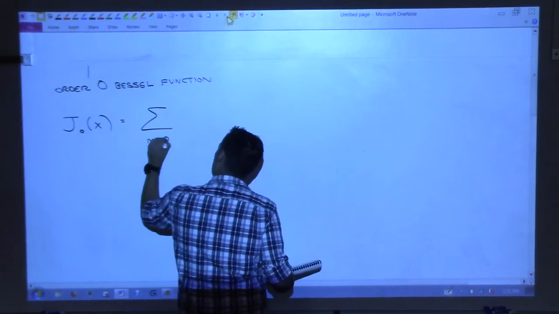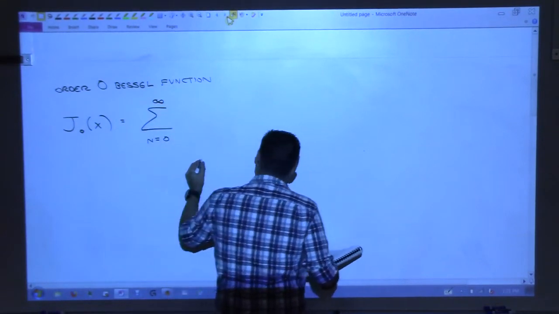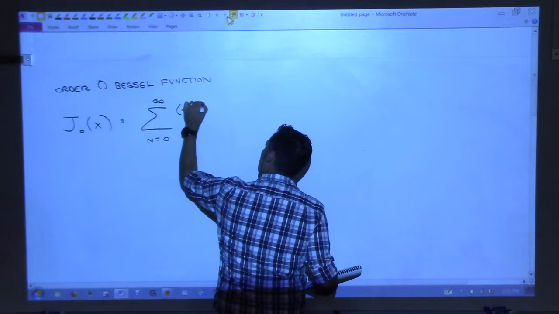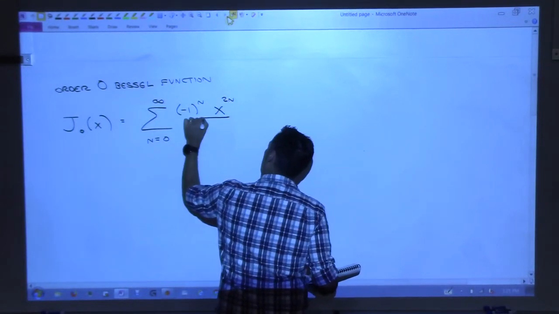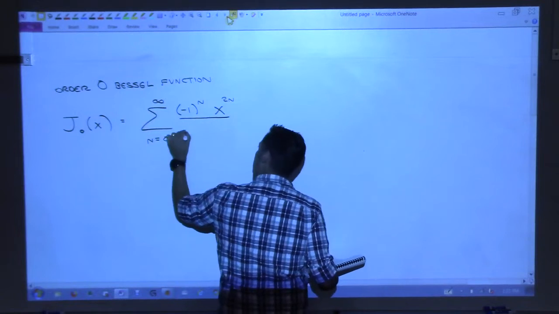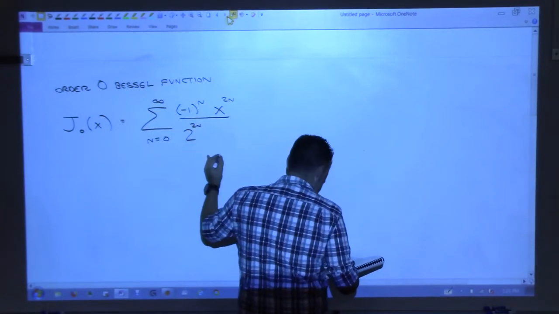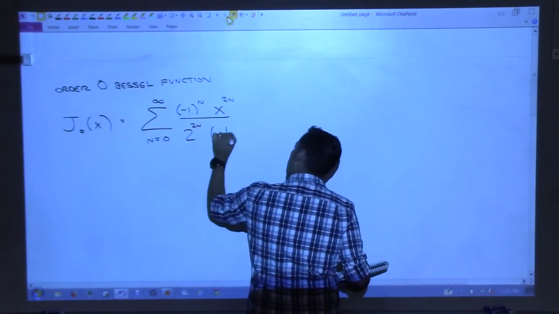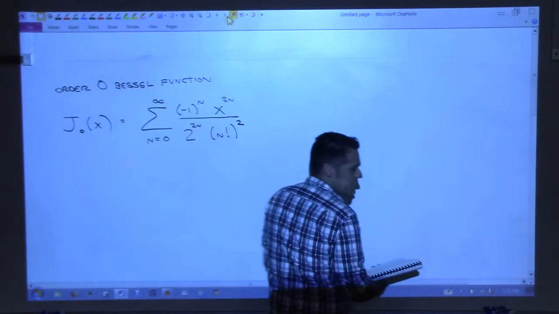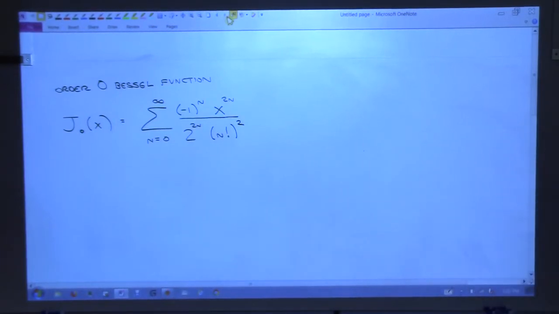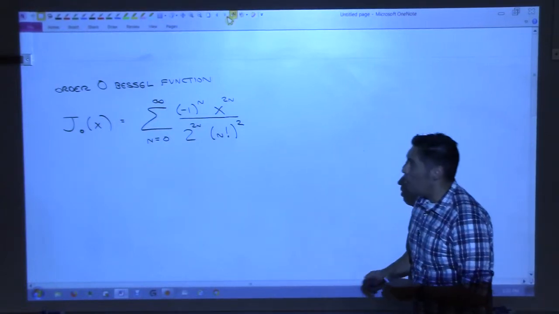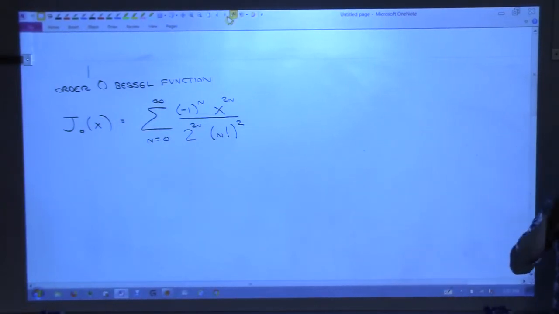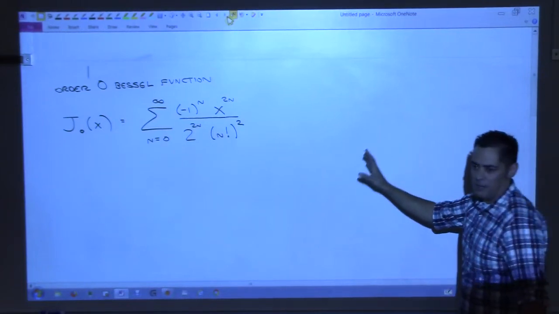Sum n equals 0 to infinity of -1 to the n, x to the 2n over 2 to the 2n times n factorial squared. That's an order 0 Bessel function. And this function was also used to help model planetary orbits. But you can look up the history of this if you want.